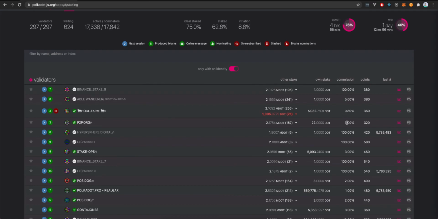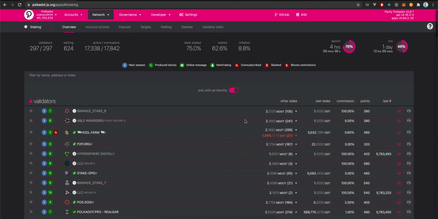So if you're staking 100%, and the commission is 3%, you're going to get 97%, and so on. That's why I recommend, if possible, choosing nominators with low commission, like 5% or 3%, so that you get most of your return.